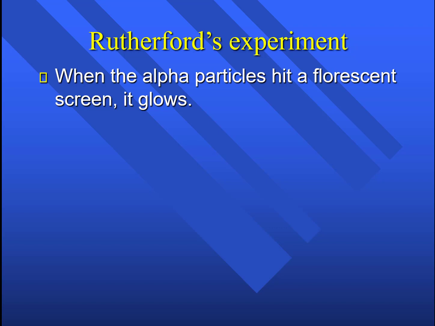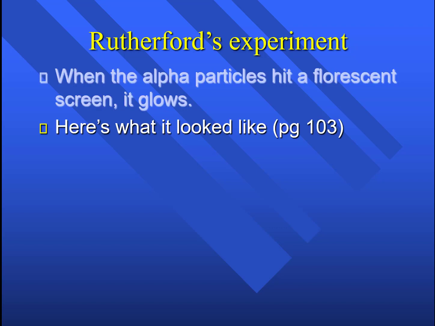But in the second one we could see the beam because they put a piece of paper in there with a fluorescent coating on it. Anytime a charge hits that fluorescent coating, it glows. So anytime an alpha particle hit that fluorescent coating, it would glow.